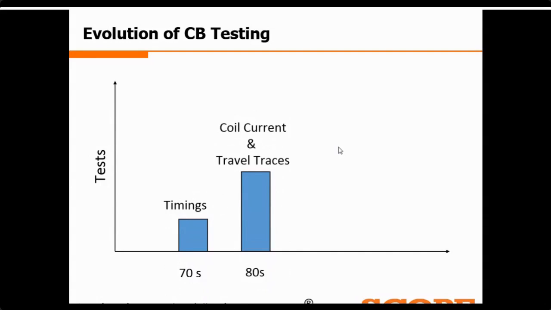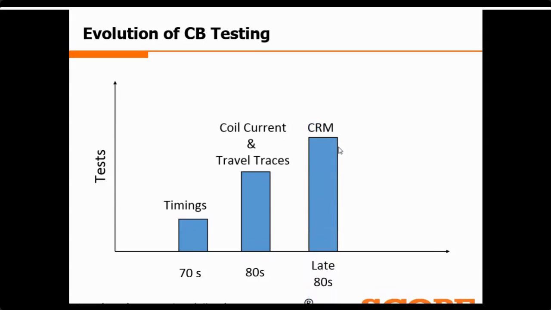In the late 80s, we started to do the coil current and the travel traces. With the help of these two tests, we could understand the condition of the operating mechanism during the operation of the circuit breaker.